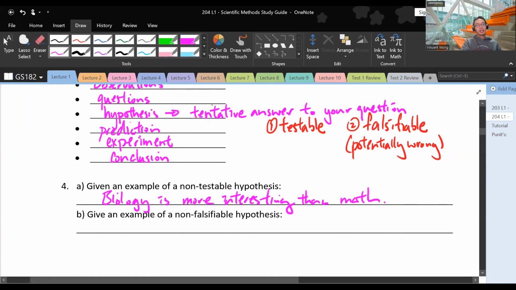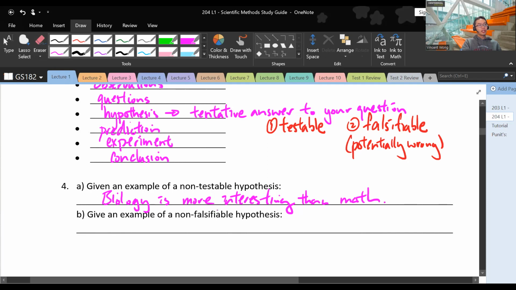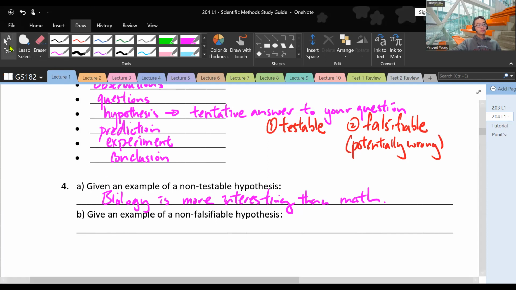You'll be correct. What about a non-falsifiable one? Anyone else want to try? I have one. Please. Plants need chlorophyll to grow or develop. Okay, plants need chlorophyll to grow.